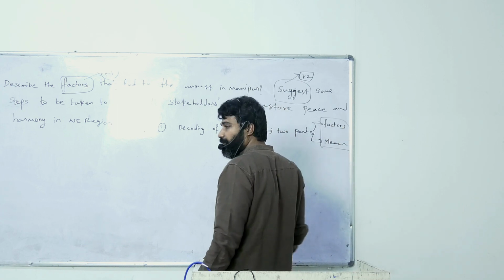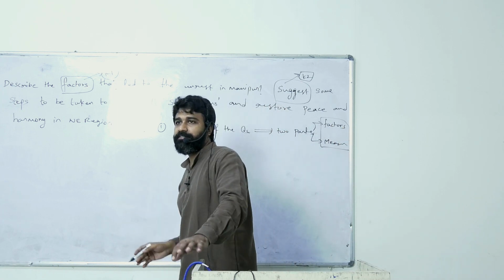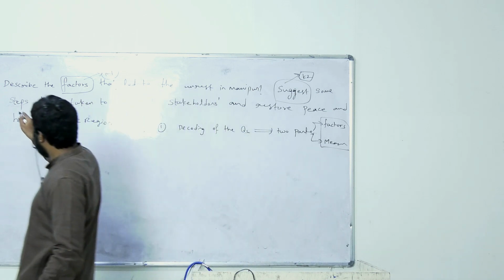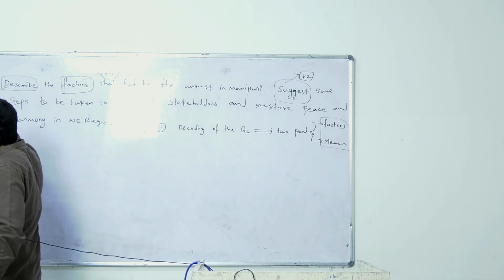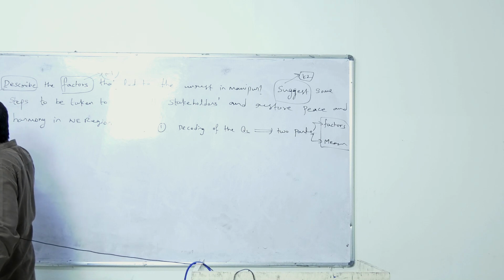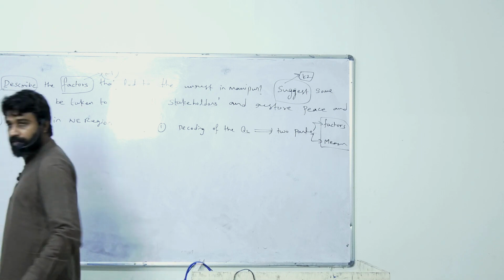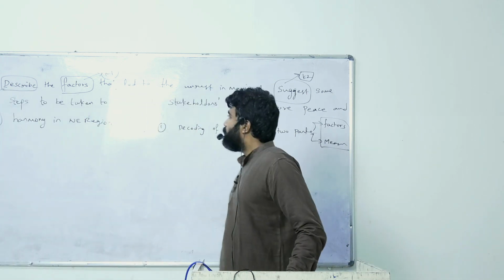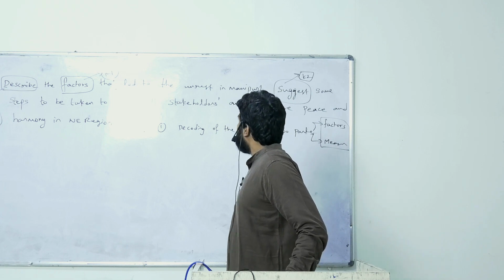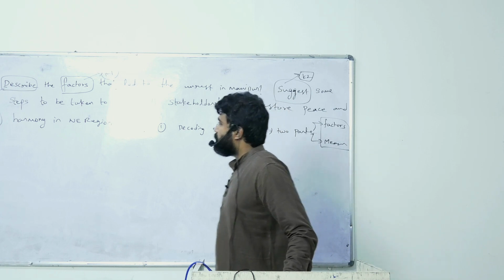But in which direction would you write the factors and measures? This is the directive word. Describe the factors that led to the unrest in Manipur.